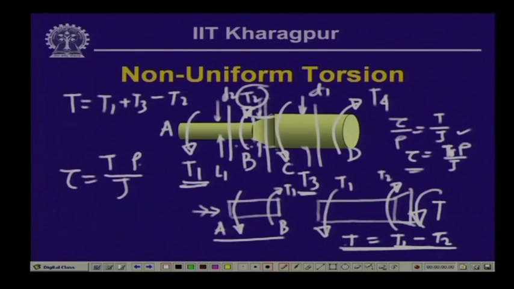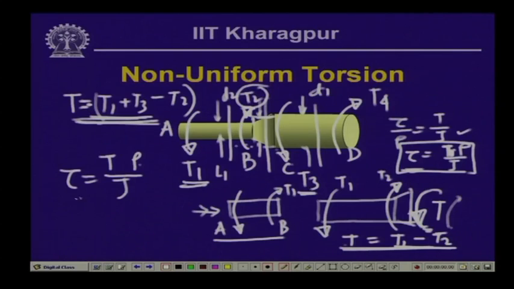Since this is in the anticlockwise direction, which is positive, and we are considering T also as anticlockwise and positive, if this expression becomes negative, then it will be in the opposite direction to what we have assumed, and if the whole expression becomes positive, then the direction will be the same as we have assumed. So that is how we compute the resulting twisting moment, and once we have it, we compute the stress using this expression.